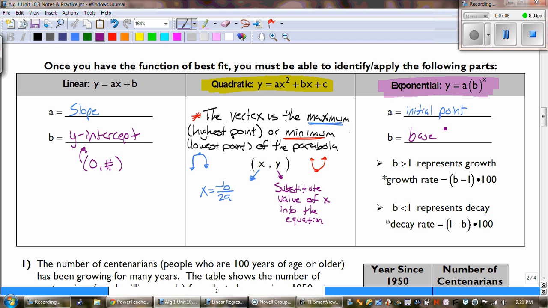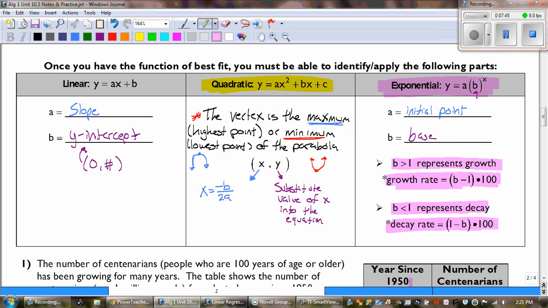The reason it's called the base is because the base has its own exponent. If we're talking about numbers with exponents, the b is the big number, the base. If b is greater than 1, it represents growth. When we find the growth rate, we're going to be using that in a little bit. If b is less than 1, it's decay. Those are two formulas we're going to be using in a little bit.